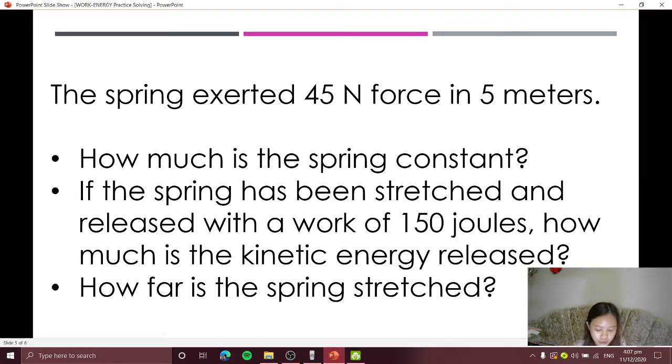Letter A, for the first unknown, how much is the spring constant of the spring? If the spring has been stretched and released with a work of 150 joules, how much is the kinetic energy released? And how far is the spring stretched? Let us try to solve our unknown values on the third problem.